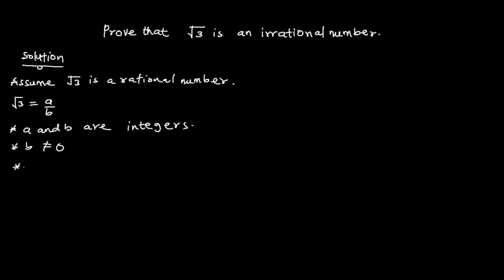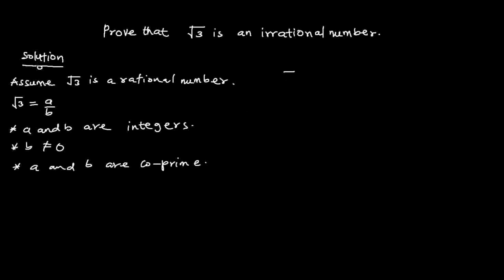And then the fraction is in its simplest form, which means the only number that can divide a and b without a remainder is 1. So therefore a and b are co-prime. Okay. So now let's continue.